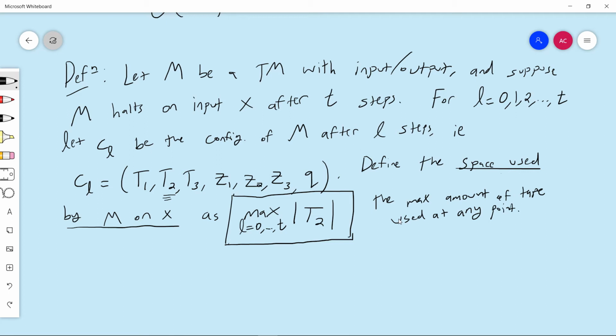And now we can define all the other stuff in the same way that we did the time stuff.